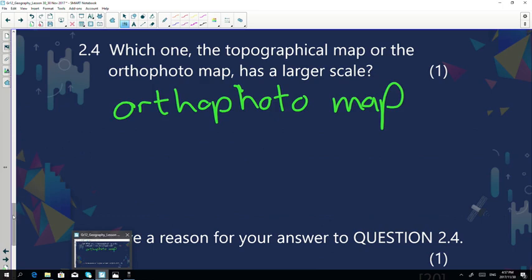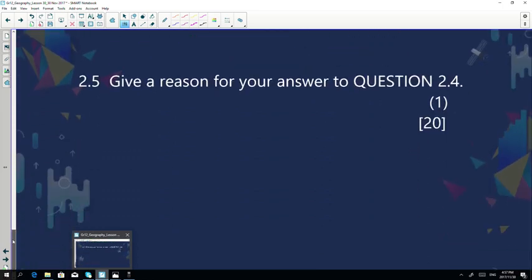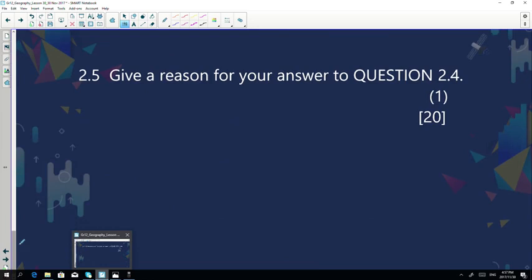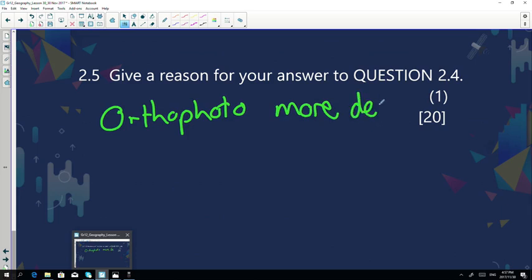Now give a reason for your answer. If you look at the reason, and we just mentioned it, as you look at the orthophoto, there's more detail on it. And we can also say smaller areas, it's greater clarity.